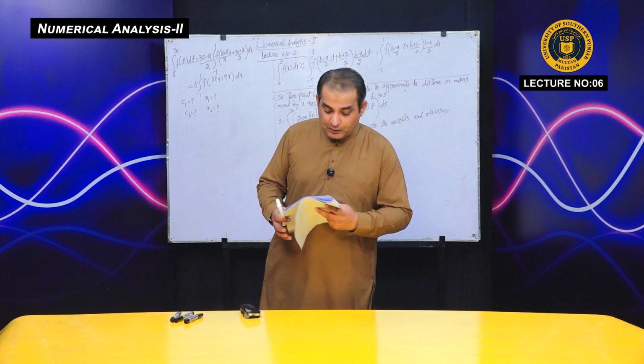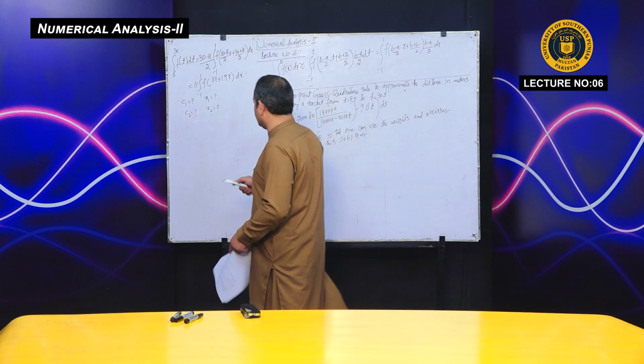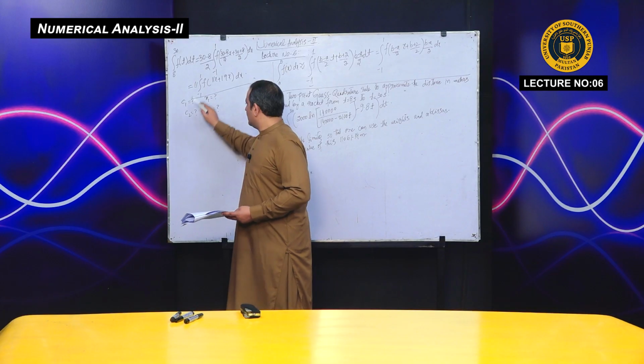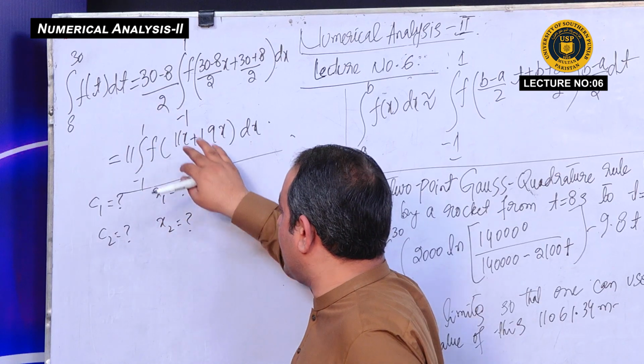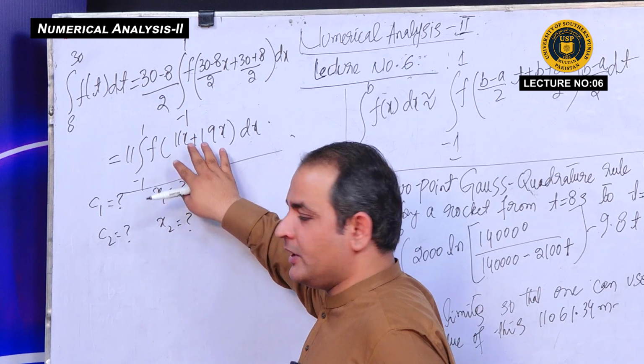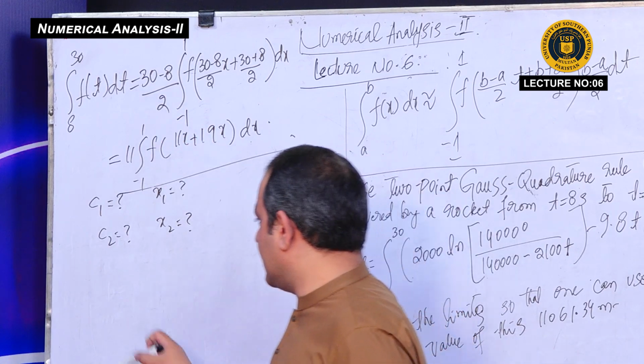So the Gaussian quadrature formula will be of this form. You have already transformed the limits to -1 to 1. Now apply the two-point Gaussian quadrature formula on this integral.